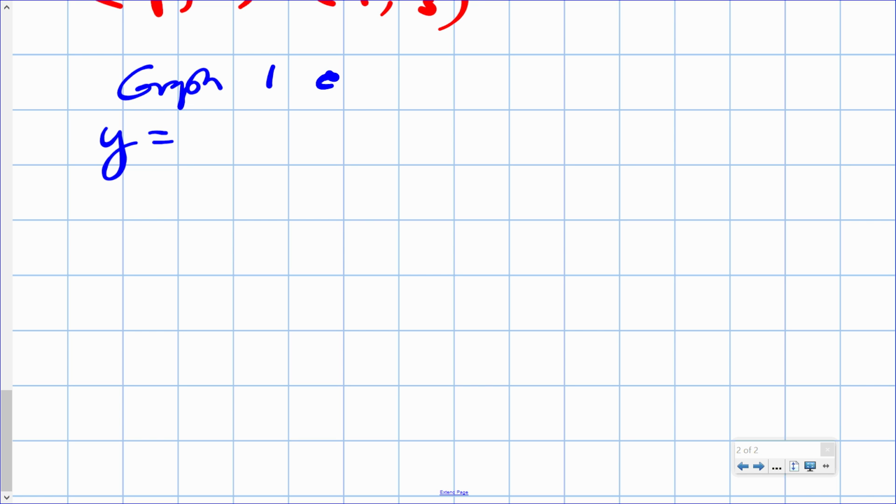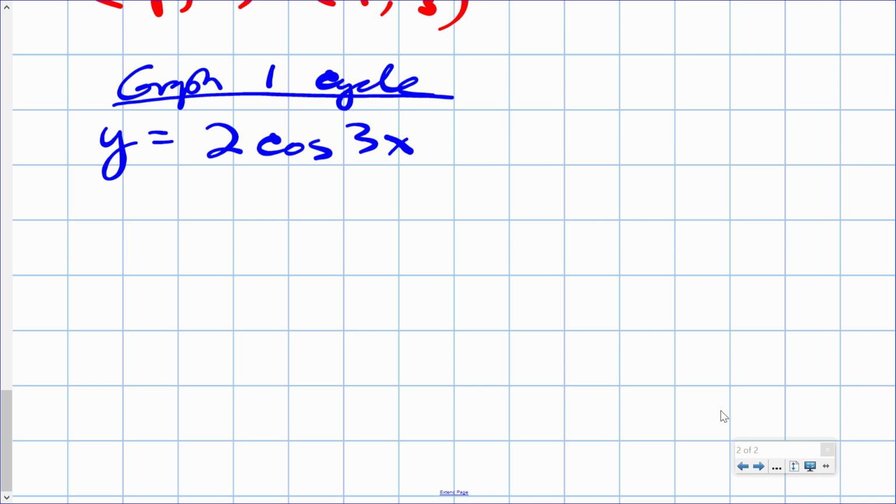If you need more graph paper, let me know, I got plenty. Y is 2 cosine 3x. See if you can do that on your own. So first, amplitude and period, create your axes.